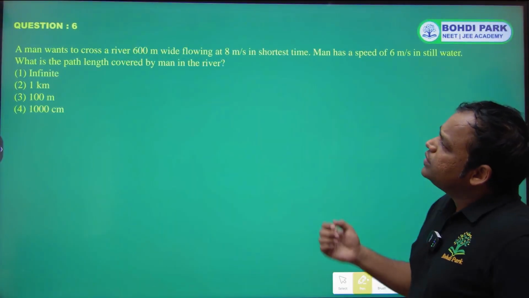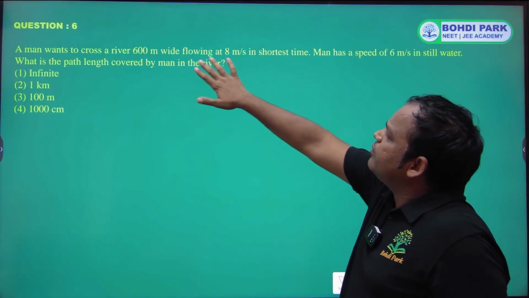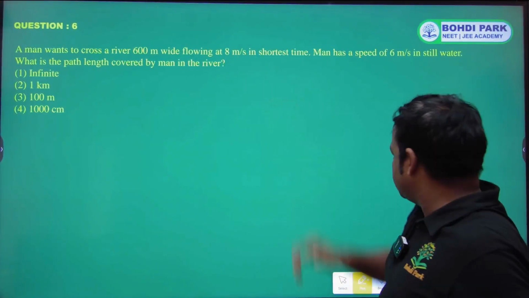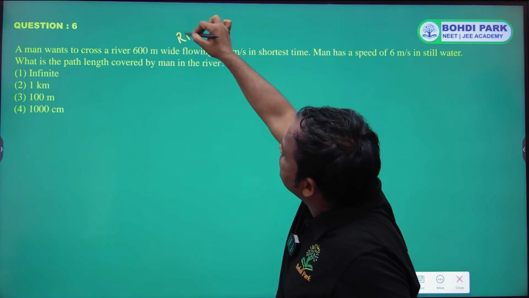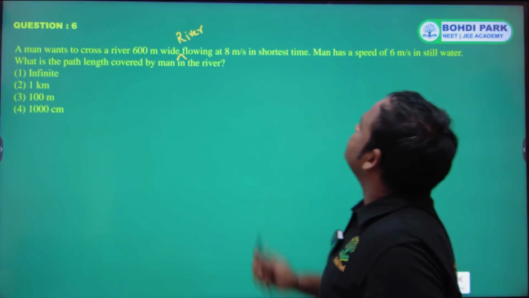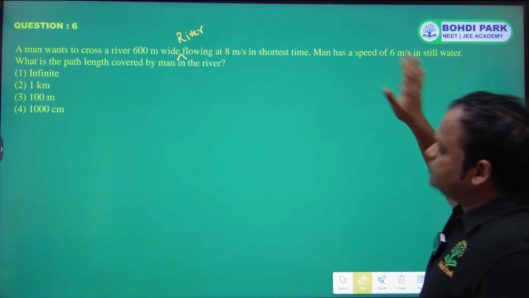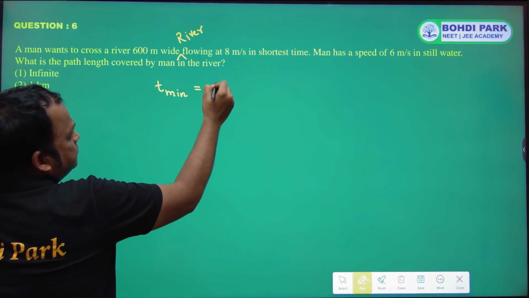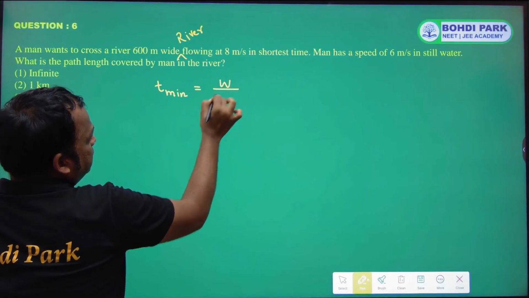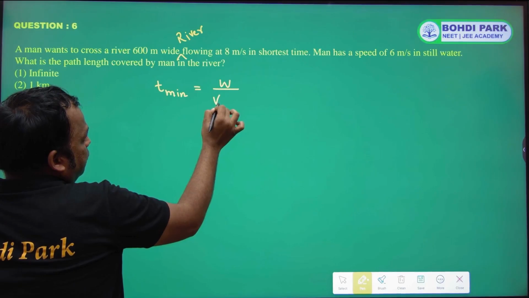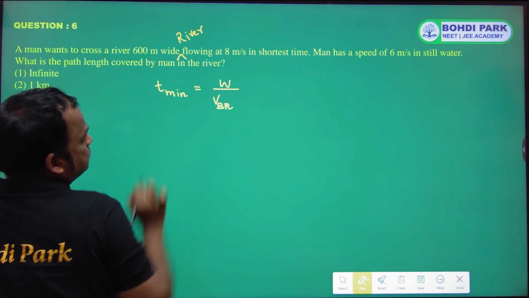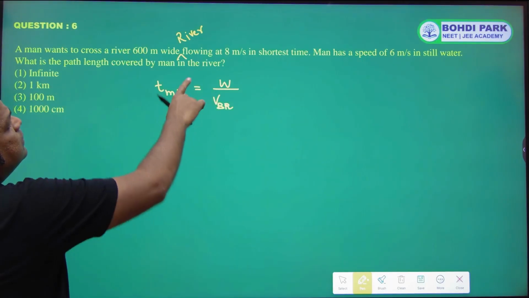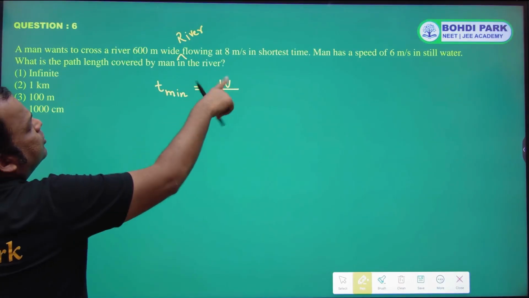Now next question is, a man wants to cross 600-meter wide river flowing at 8 meter per second in a shortest time. So we have a direct formula for that. The minimum time to cross a river is equal to width of river by speed of boat with respect to river, and that is given as okay, we can find it.